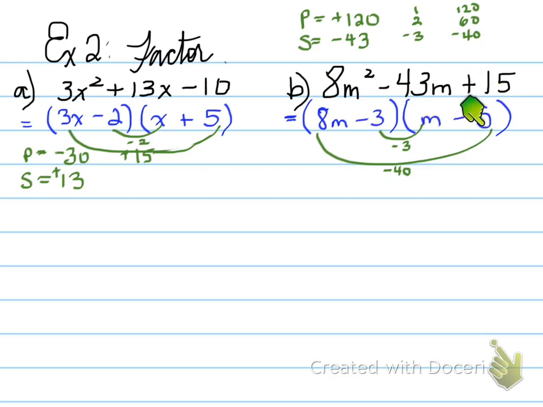Okay, 8m and minus 5 gives us minus 40. And then I'm going to take the 1m from here and the 3 from here, negative 3, and make that negative 3m here. And that's our negative 3m, our negative 40m, that gives us negative 43m. And then when I multiply them, I'll get these values as well.